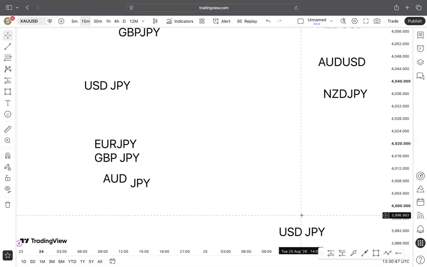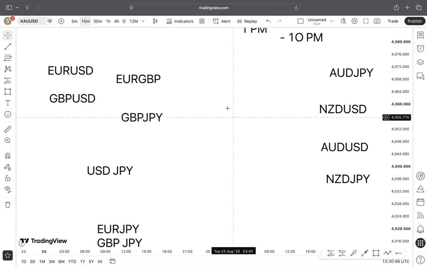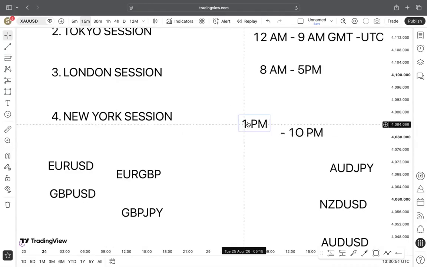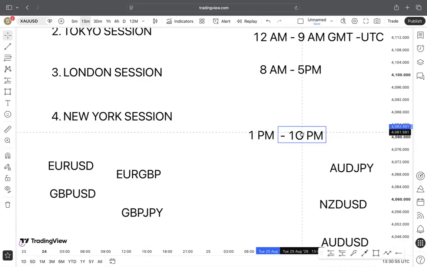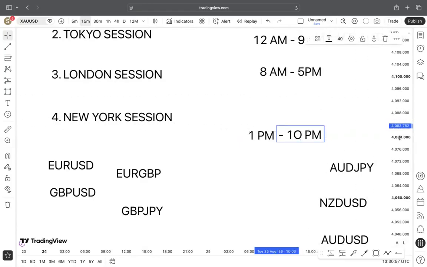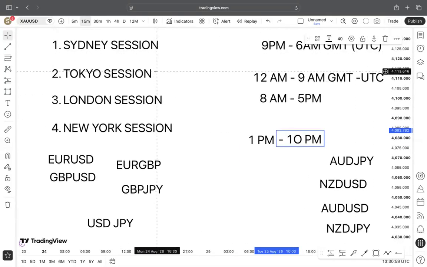Okay. So the essence of these trading sessions is to know when the market is most likely to be active, and then know when to trade more and when to trade less. Like I said, for the Sydney session and the Tokyo session, price action is usually moderate. And then the London session, price action is a bit stronger, and it is the most active forex trading session.